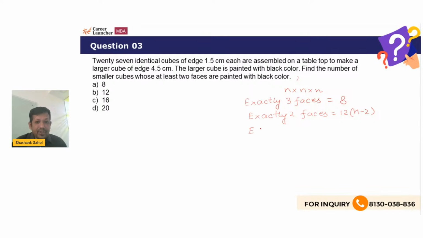Exactly one face painted is going to be 6 times (n minus 2) whole square. And no face painted, exactly zero faces painted, is going to be given by (n minus 2) whole cube.